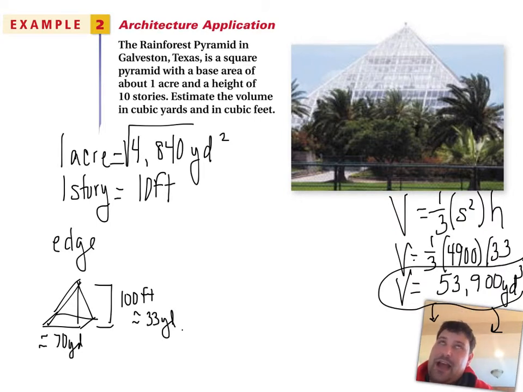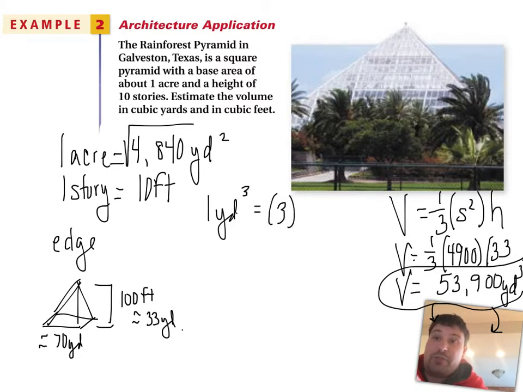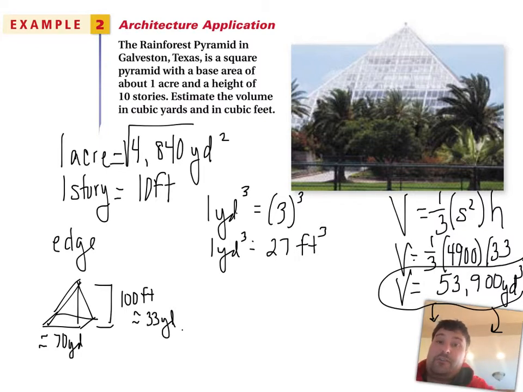Well, how many feet make up a yard? It's 3. We know that 1 cubic yard, well, each yard is 3 feet. So that means you would take 3 to the 3rd power. And so 1 cubic yard would equal 27 cubic feet.